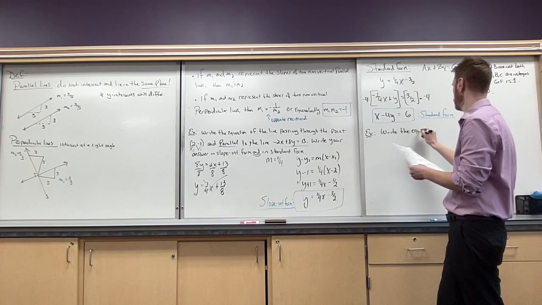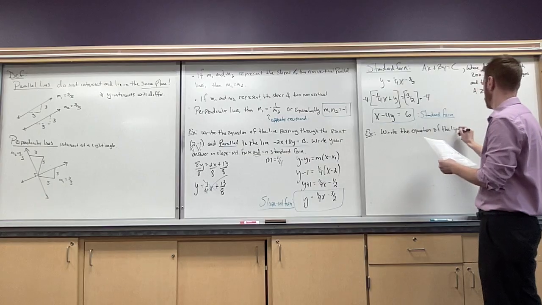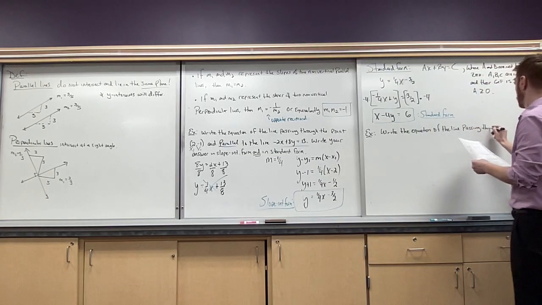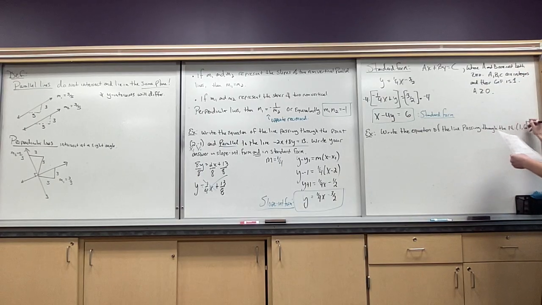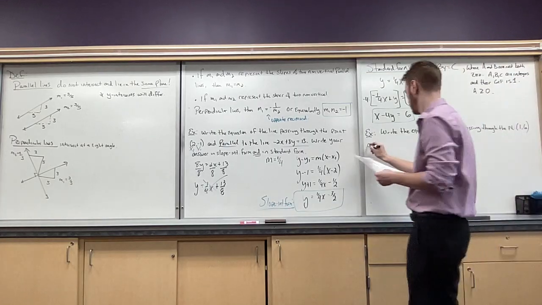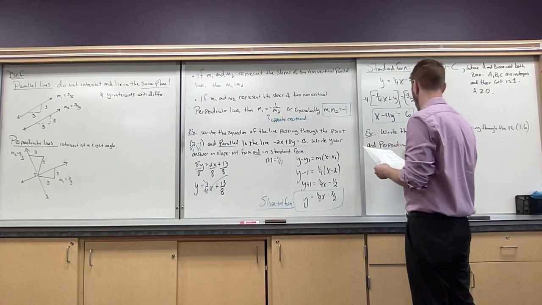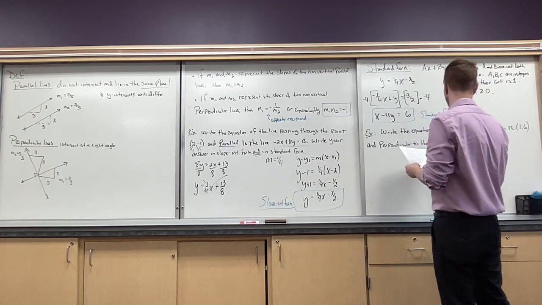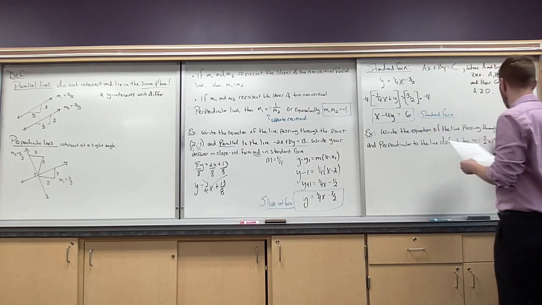So write the equation of the line passing through the point (1,6) and perpendicular to the line defined by y equals -5/2x plus 1.